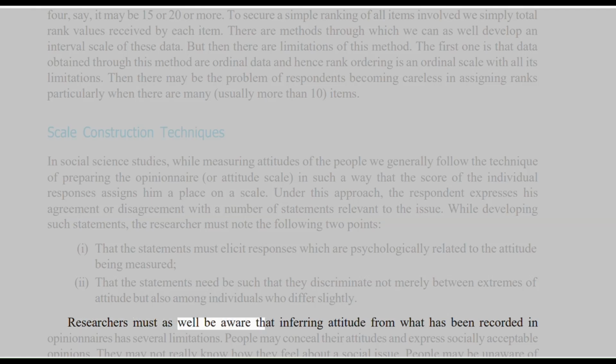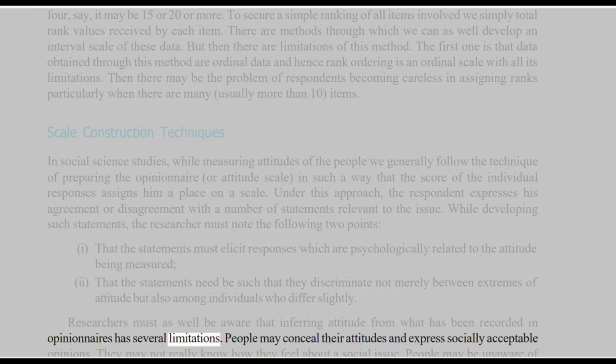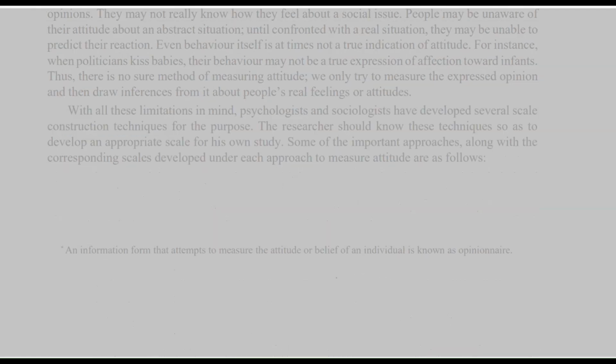Researchers must as well be aware that inferring attitude from what has been recorded in opinionaires has several limitations. People may conceal their attitudes and express socially acceptable opinions. They may not really know how they feel about a social issue. People may be unaware of their attitude about an abstract situation. Until confronted with a real situation, they may be unable to predict their reaction.